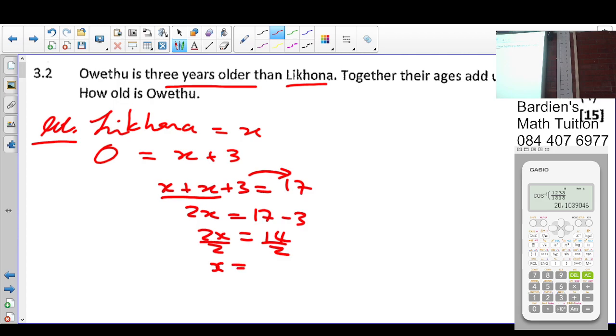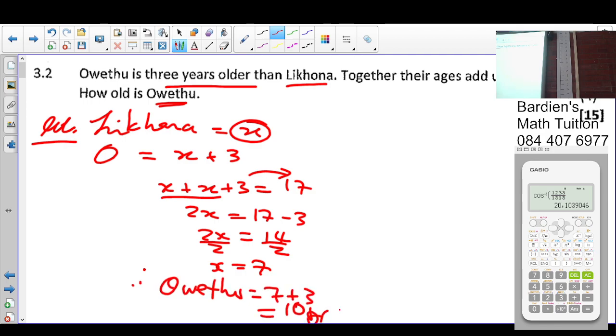So x is going to be 7. So how old is Veto? The younger one is x, so Veto is going to be 7 plus 3, which is 10. So she's 10 years old.